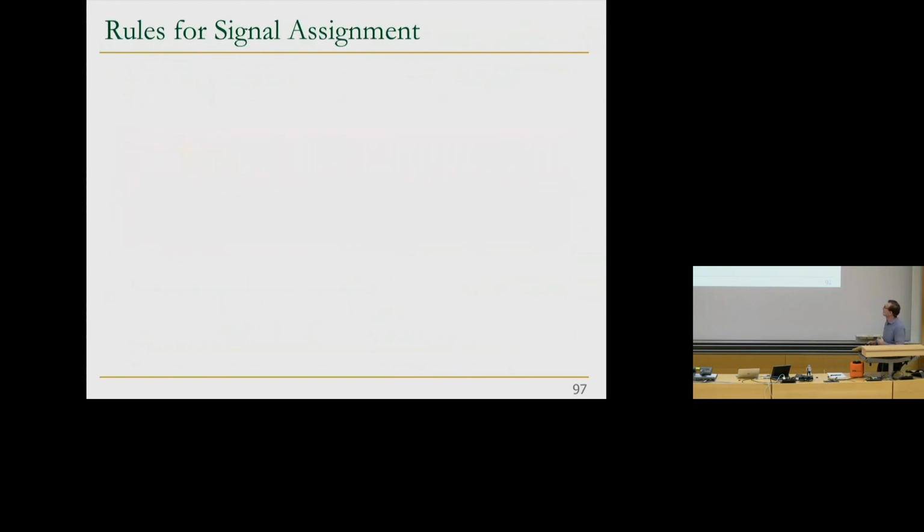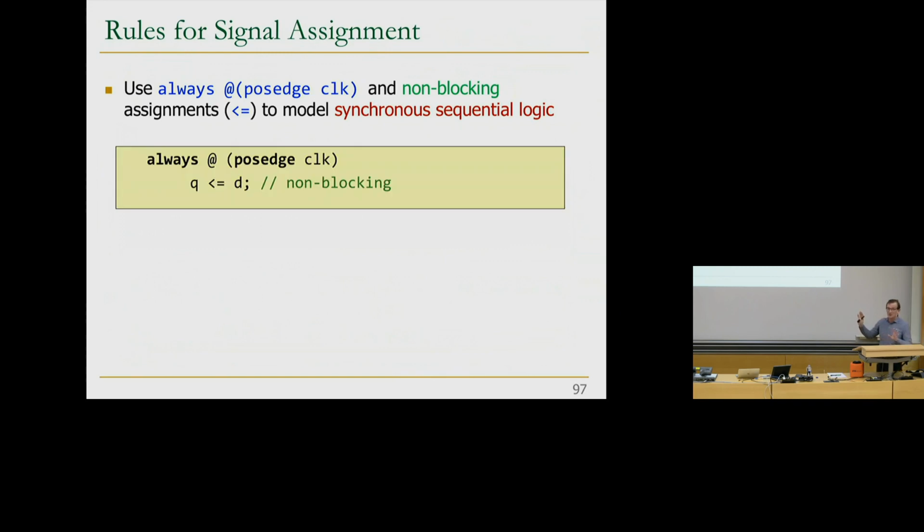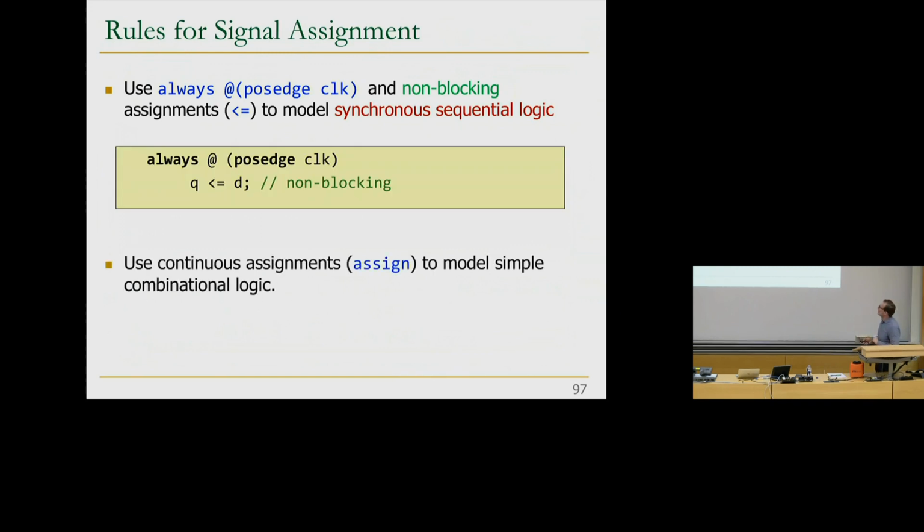Okay, so let's go over the rules for signal assignment. Basically, we would like to use always at positive edge of clock and non-blocking assignments to model synchronous sequential logic. This is actually a very good rule. This is what you need to do if you want synchronous sequential logic. And if you want to model simple combinational logic, use continuous assignments like this.